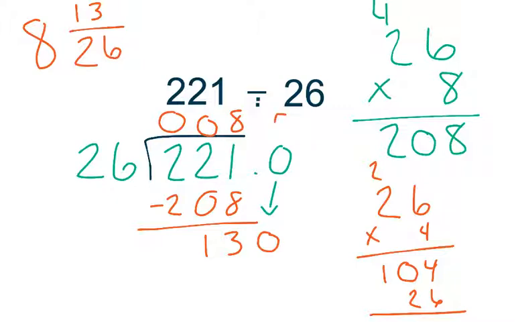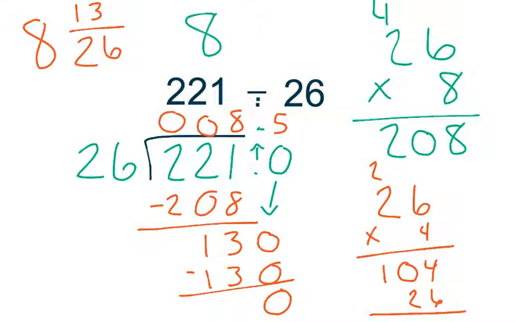So that took me 5 26s to get exactly 130. 0 remainder, but I have to remember to bring that decimal point up, and I'm getting an answer of 8.5. Using my knowledge of fractions, 13 is half of 26, so 8 and 13 26ths is the same as 8 and a half, which is the same as 8.5.